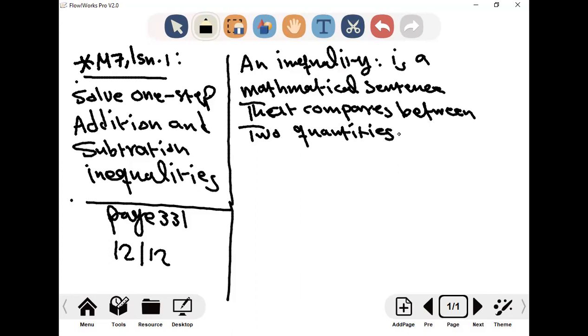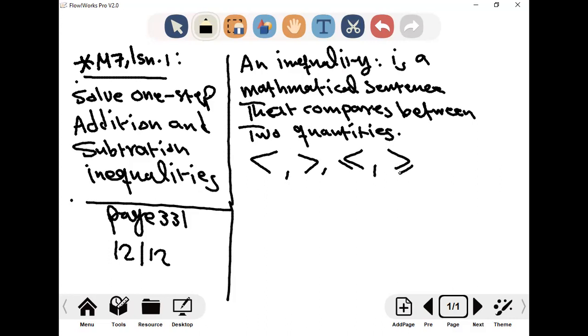When we say less than, more than, we compare which one is bigger, which one is smaller, right? So inequality, a mathematical sentence, has one of the following: less than, more than, less than or equal, more than or equal.